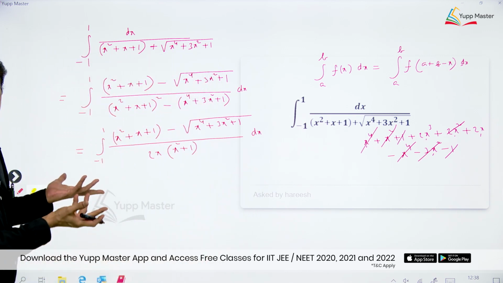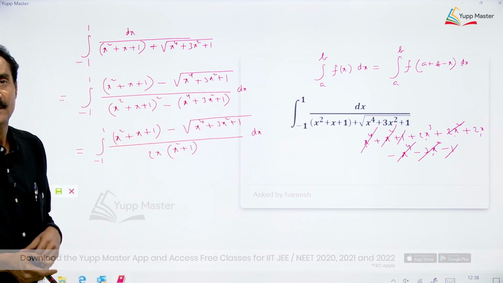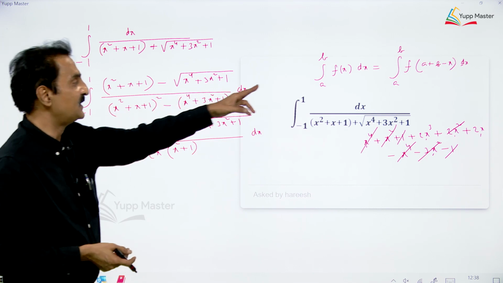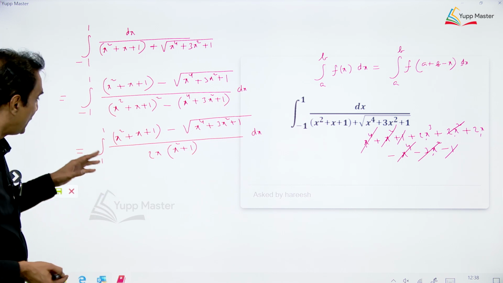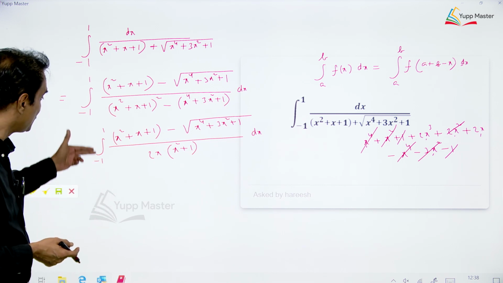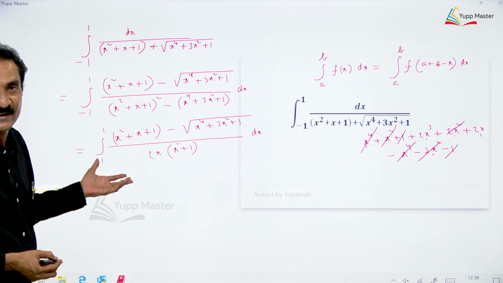Now also it is complicated, integration of this by this is very tough. So, now let us try that property. If you replace x by minus x, because a plus b minus x means minus 1 plus 1 minus x, which is minus x.